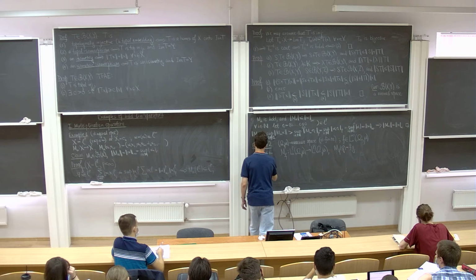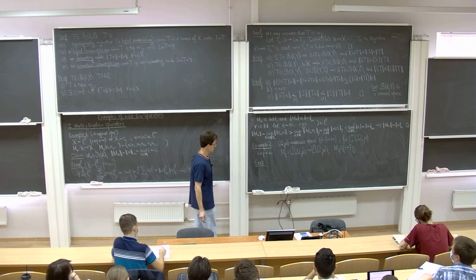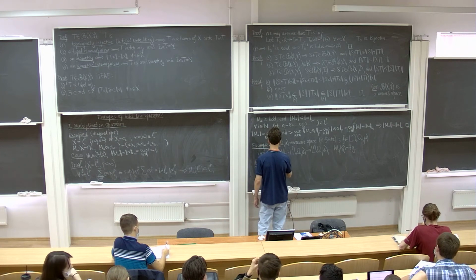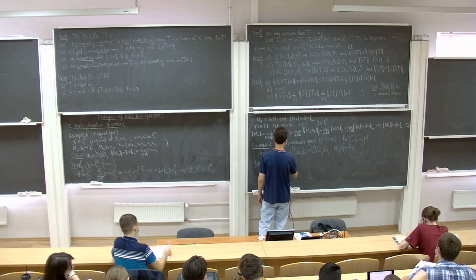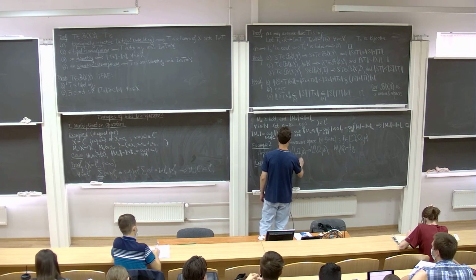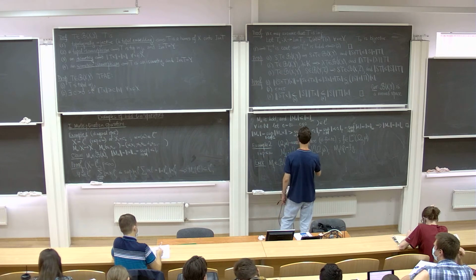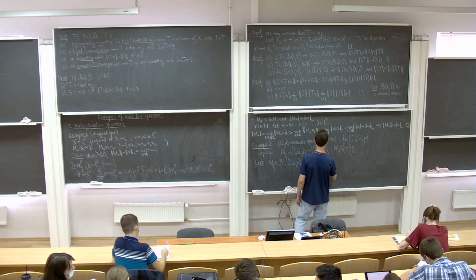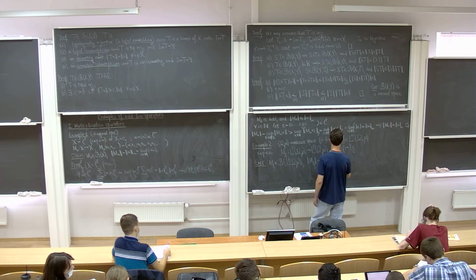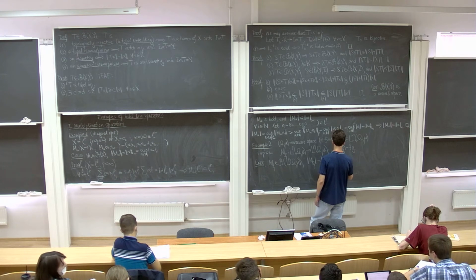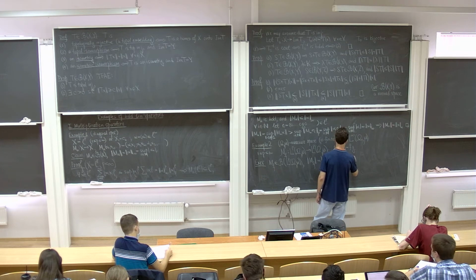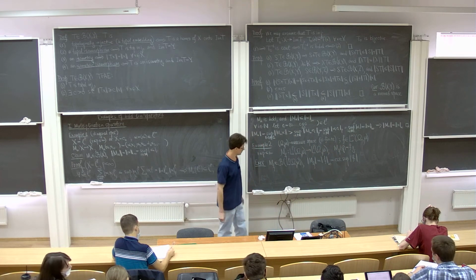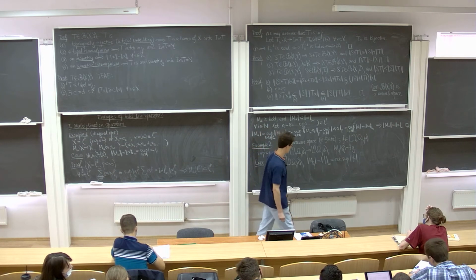A useful exercise, which is actually already in exercise sheet 1, is to show that M_f is indeed a bounded linear operator on L^p, and that the norm of this operator is exactly the L infinity norm of f, that is, the essential supremum of the absolute value of f. This norm was defined at the previous lecture, and you can also find the definition in our first exercise sheet.